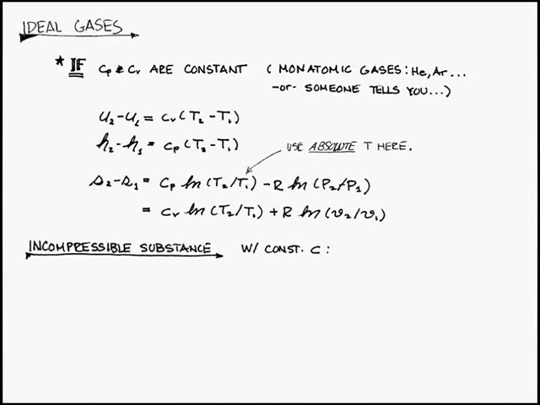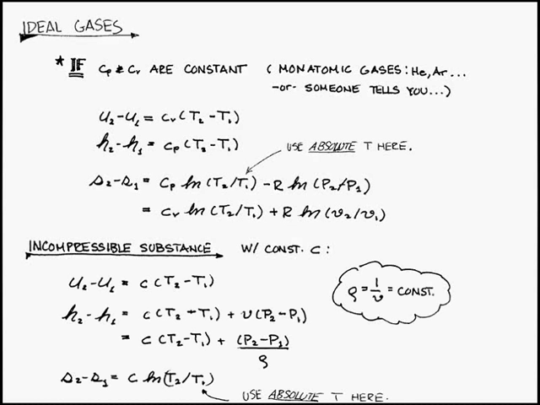Okay, so there's another model that we often use when we're looking at thermo type problems. It is the incompressible substance model. This applies to almost all liquids and solids, things that stay liquids and stay solids the entire time. In that case, we have a set of equations that look very similar to the ideal gas equations with constant specific heats.